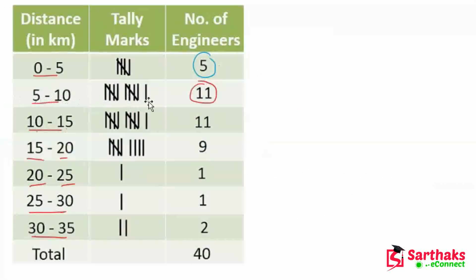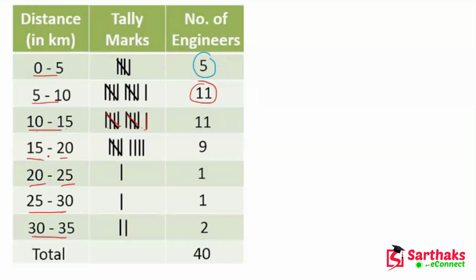Again there are a total of 11 engineers. You can see there are 11 lines: 1, 2, 3, 4, the fifth one is the cutting line, then 6, 7, 8, 9, the 10th is this line, and the next one is 11.